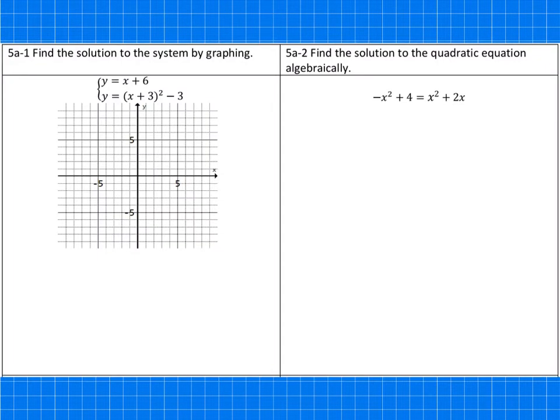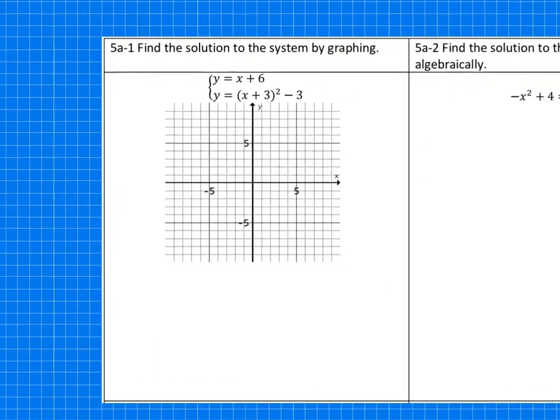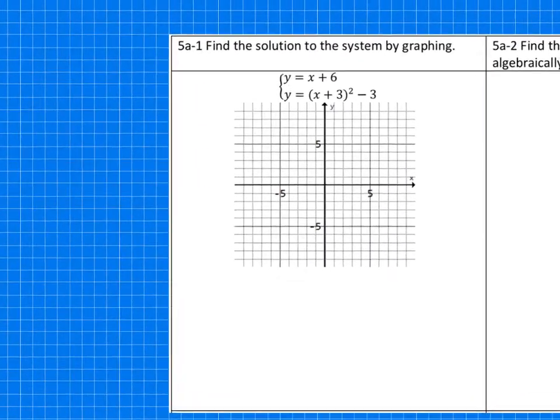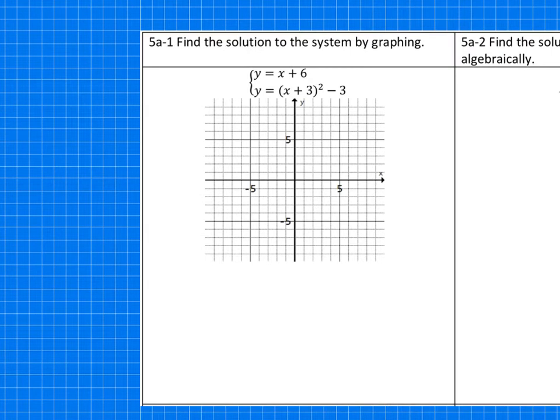All right, starting off, first, finding the solution by graphing. What you're really just looking for here is the point where these two graphs meet. The first one, x plus 6, is linear.